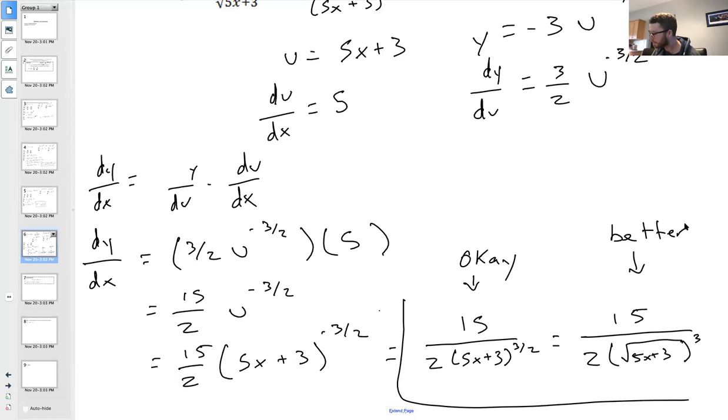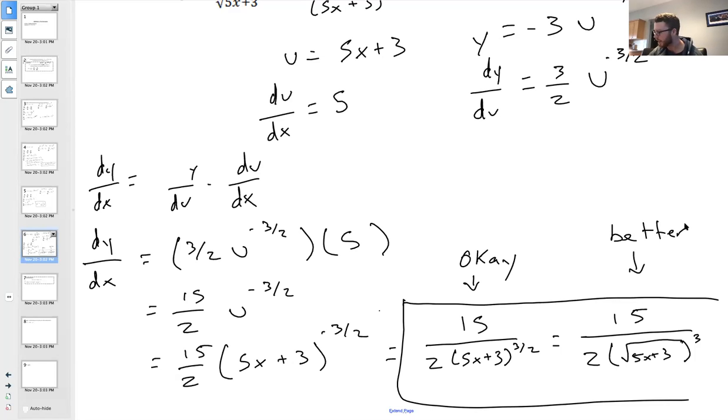Mr. Jones, when we multiplied 15 over 2 so that it was in the fraction, why did all the other stuff go on the bottom? Oh, like the 2 and 5x plus 3? Yeah. Why isn't it multiplied on the top with the 15? Yeah, good question.